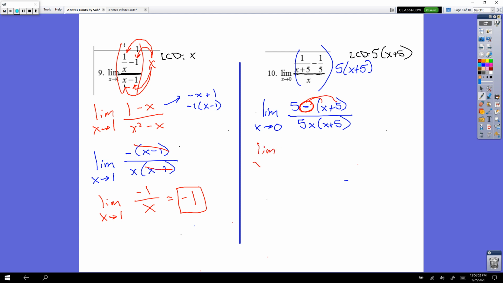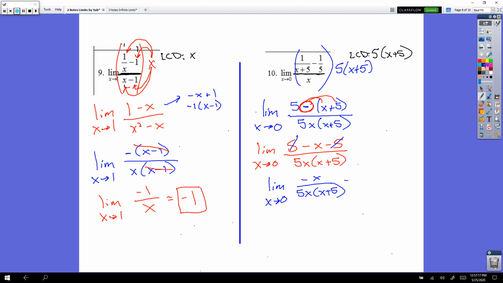So we would have the limit as x approaches 0 of 5 minus (x plus 5), and I'm going to leave the bottom factored. So on top, the 5s would cancel. 5 minus 5 is 0. So we have the limit as x approaches 0 of negative x over 5x(x plus 5).